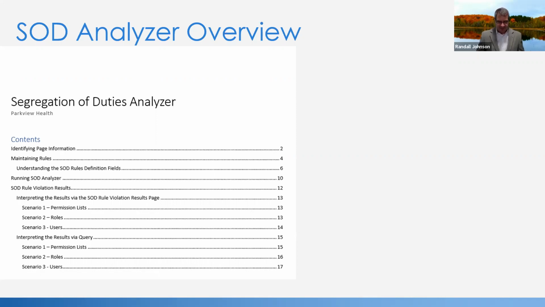If you are familiar with, I apologize for making this more basic, but in PeopleSoft, there's essentially the pages that you have access to, permission lists, which grant those pages to roles, and then roles are assigned to individual users. Super basic. So page, permission list, role, and then user. And our segregation of duties analyzer gets down to the page level.